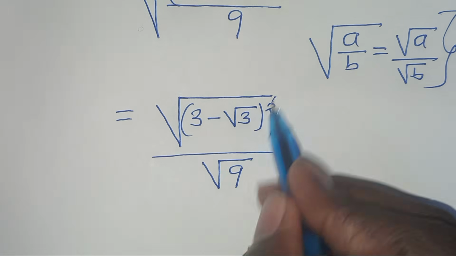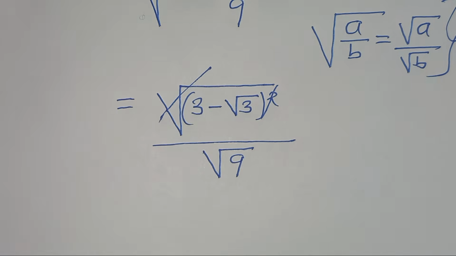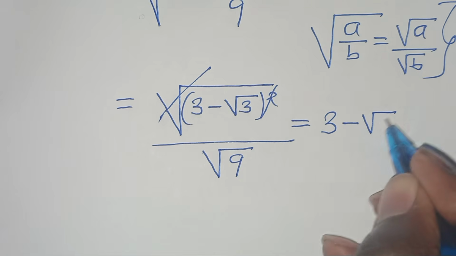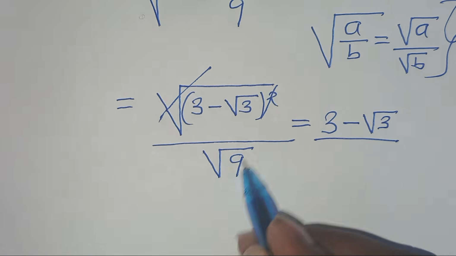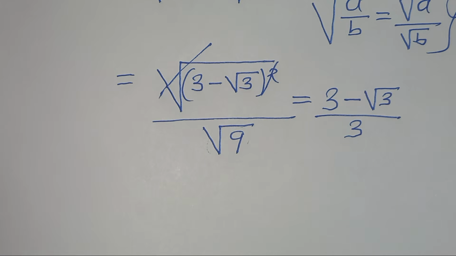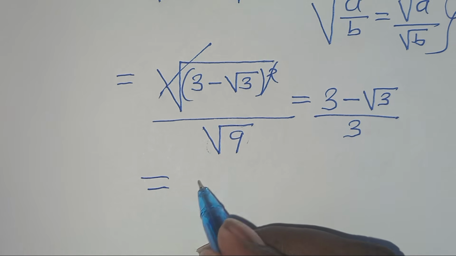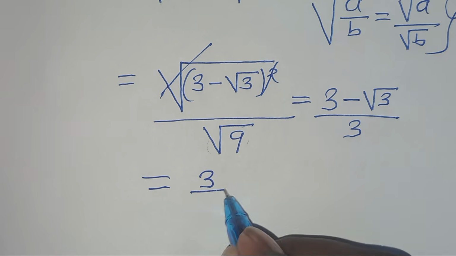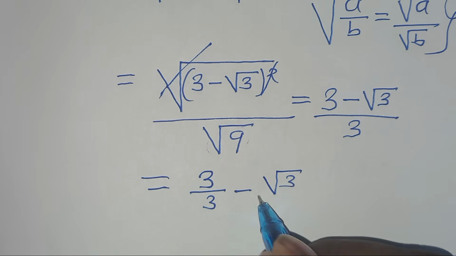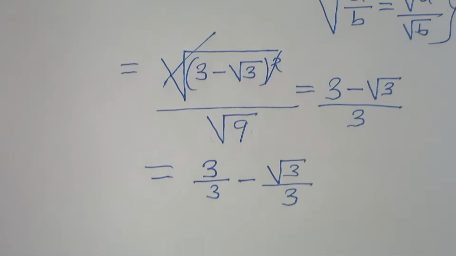So let's eliminate the square root here in the numerator, so that now we have 3 minus square root of 3 divided by square root of 9, which is 3. So in other words, here we have 3 divided by 3, subtract square root of 3 over 3.